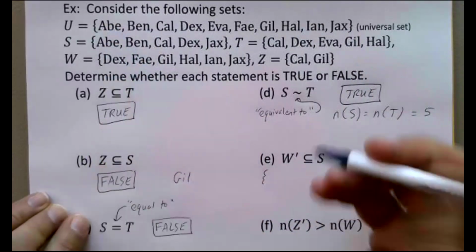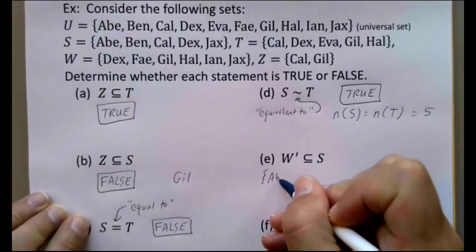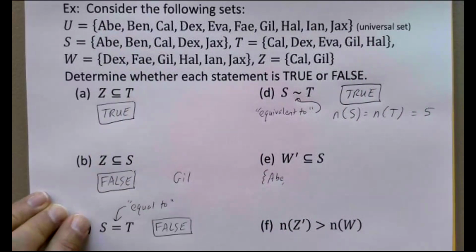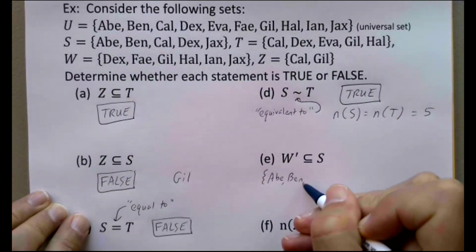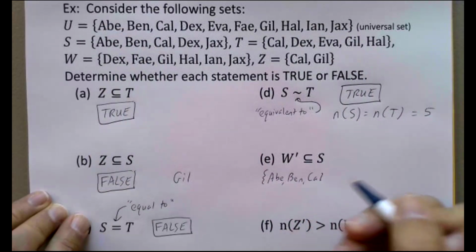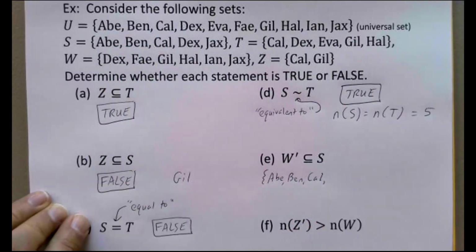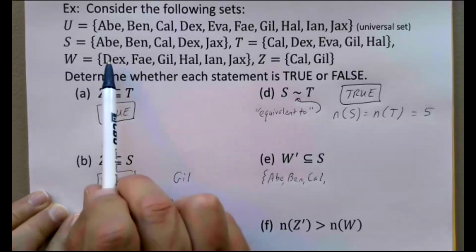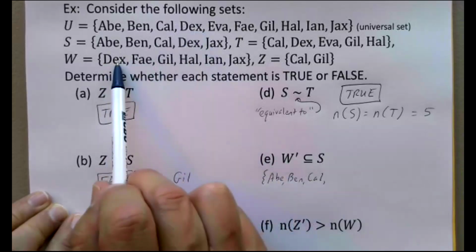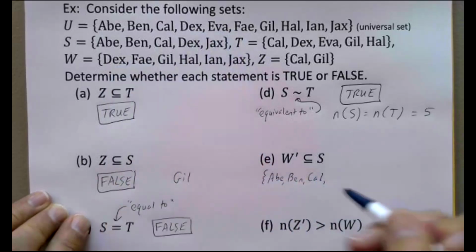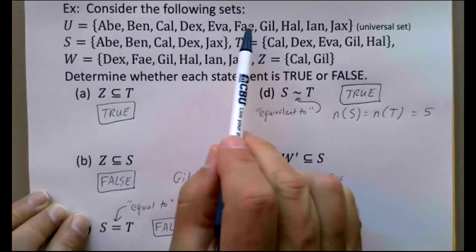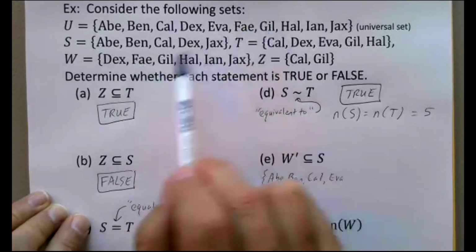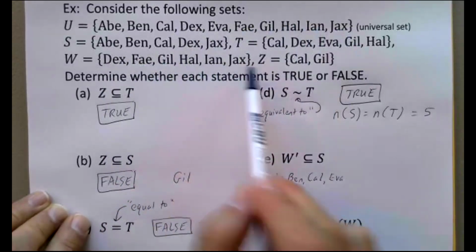So Abe is not in W. Ben is not in W. Hal is not in W. But Dex is. But Eva is not in W. But Faye is, and Gil is, and Hal and Ian and Jax are.